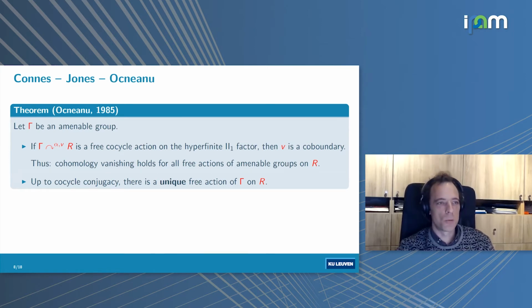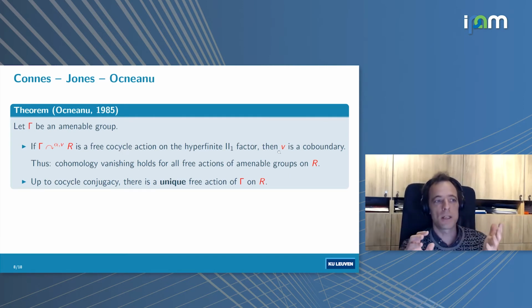And so what Ocneanu proved in 85 is that if you have an amenable group acting freely on the hyperfinite II_1 factor, then both the cohomology vanishing problem and the cocycle conjugacy problem have an extremely neat answer. So the first thing is that whenever you have a free cocycle action, the V must be a coboundary.